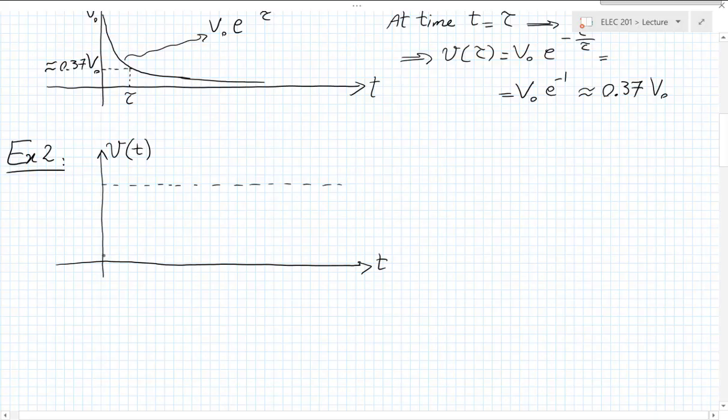Or let's even be more general. Let's say it starts from V1. OK, so this was value V1. I should put it on the other side. And then goes to V2 in an exponential manner.